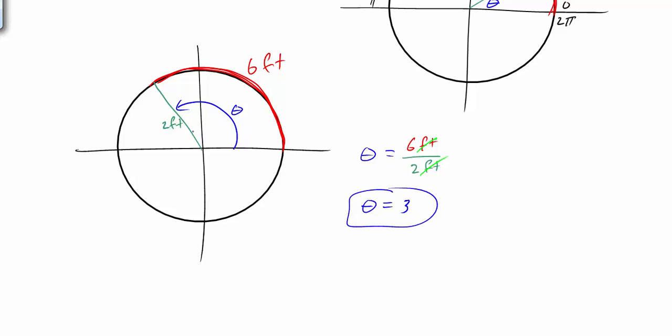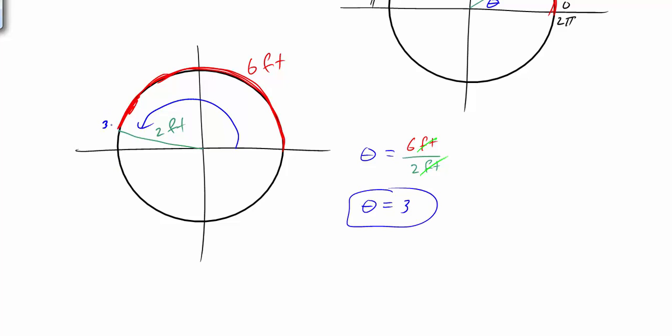If we look at this closely, if I drew this a little better to scale, let me redraw this. The arc length is 6 feet, and the radius would be here, which was 2 feet, and we're saying this is equal to 3. So that tells us that if we go all the way around to here, this is 3 radians.